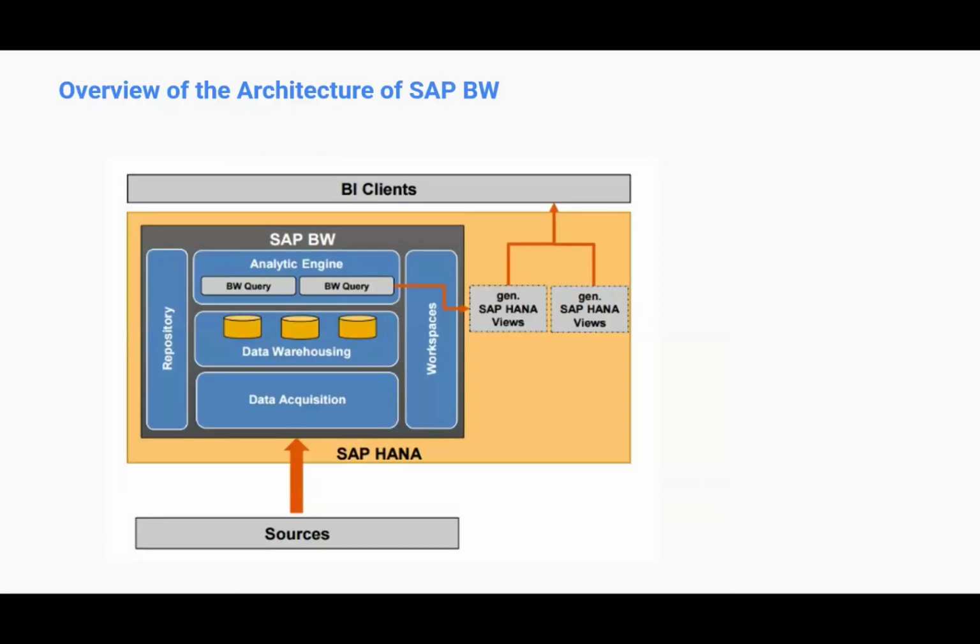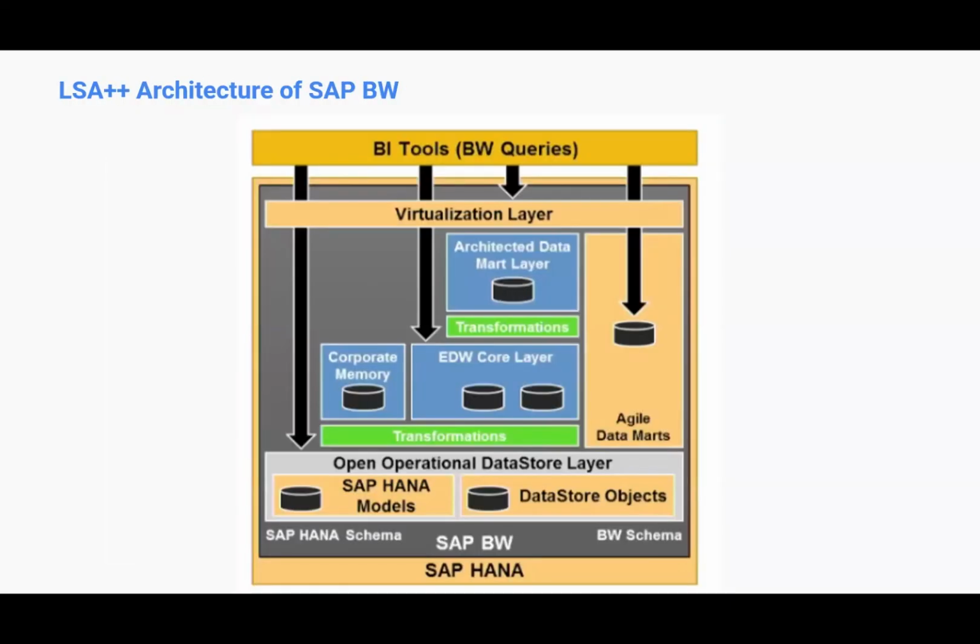Later on SAP came up with a new architecture which they call LSA++, layered structure architecture plus plus, with some more additional features, some more modern capabilities and some modern architecture implemented in the system.